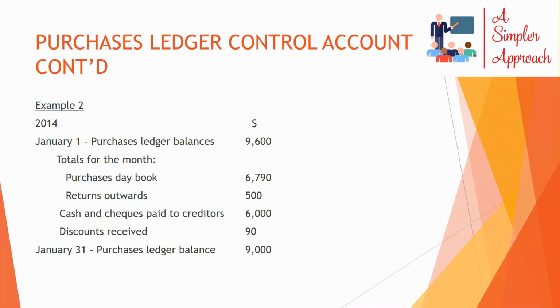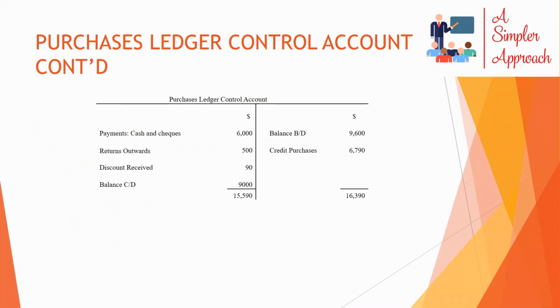Okay, now if we put all of this together and it's not automatically balanced, as we saw with the sales ledger control account, it means there is an error within the purchases ledger. Now let's look and see if there is an error. Yes, there is an error or multiple errors in this case. How do we know this? These two figures are not the same.